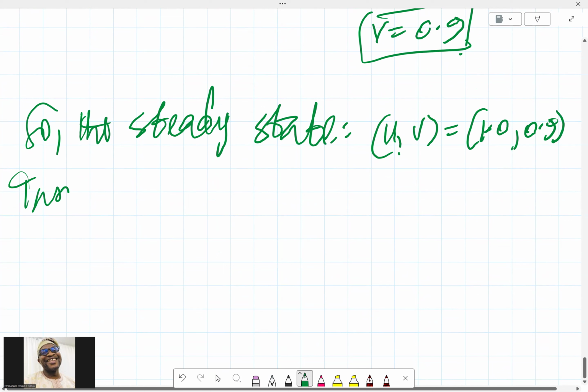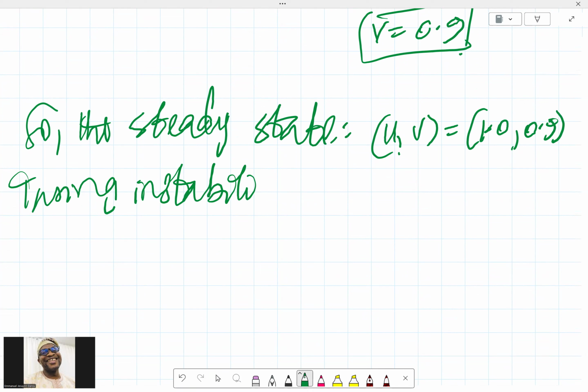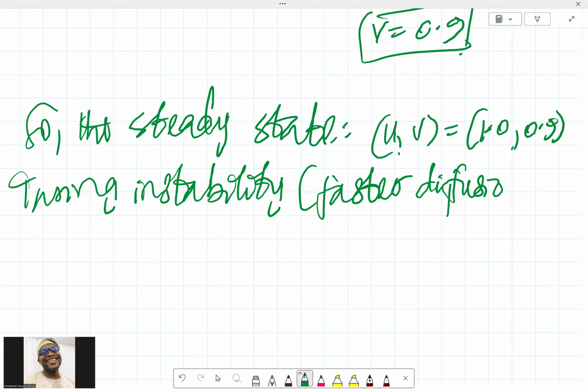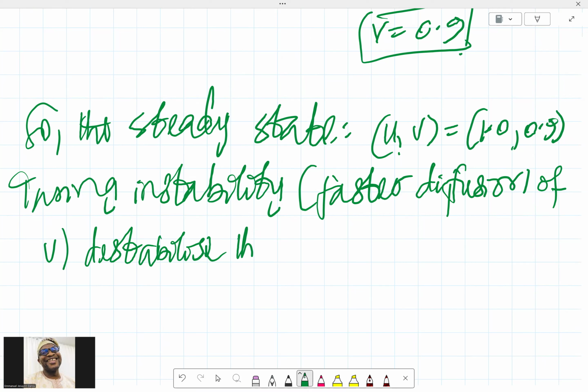So we have Turing instability. That leads to faster diffusion. Of course, u is the activator and v is the inhibitor, and 1.0 is greater than 0.9. So we have faster diffusion of the activator. And that destabilizes this.